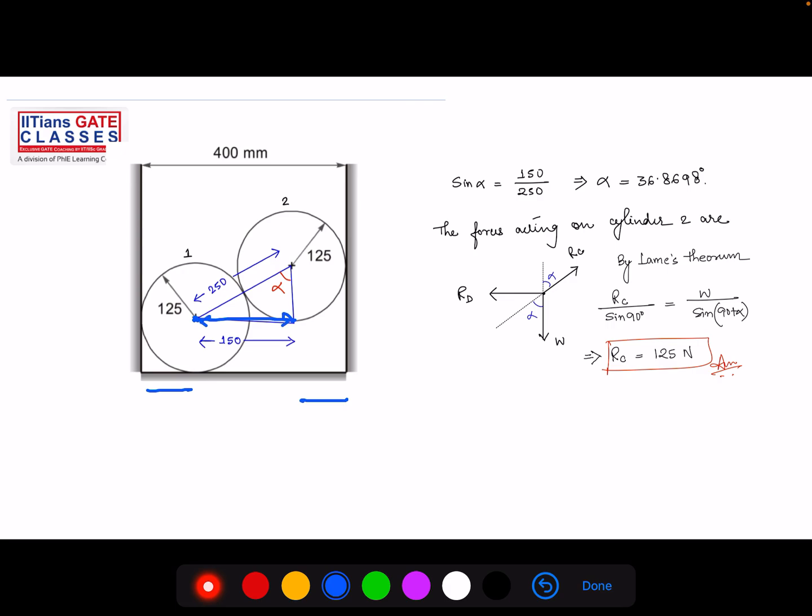It is 400 minus 250, that is 150. If you have these two distances, we can definitely calculate the angle alpha. Angle alpha will come out to be 36.8698 degrees. Okay.